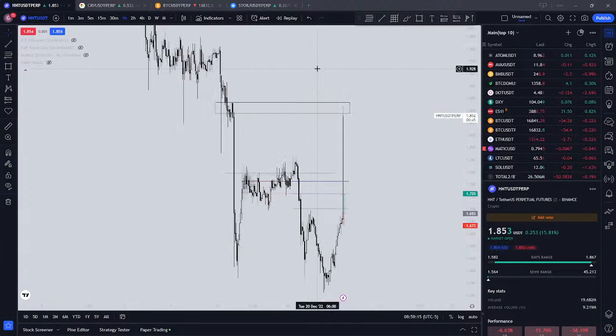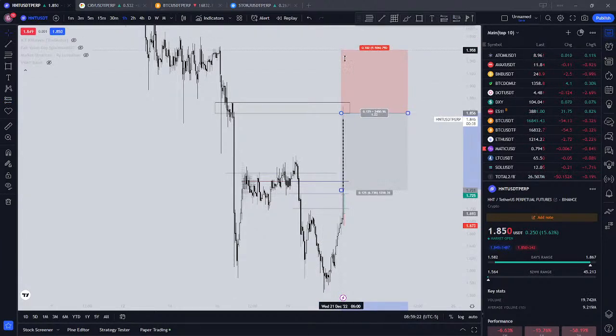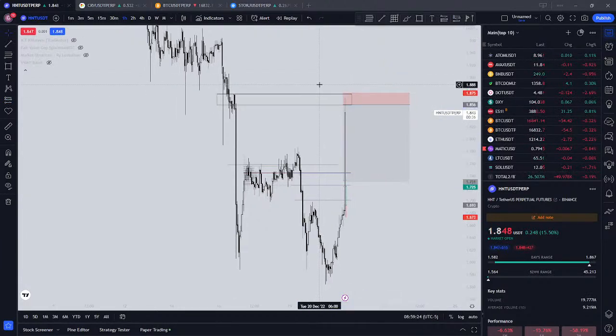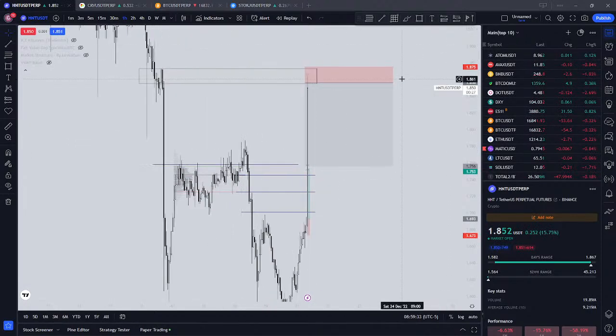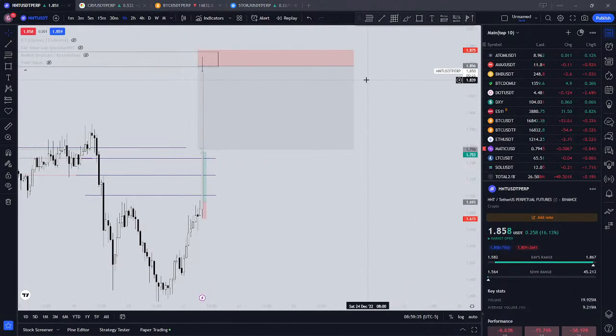Dude, it actually looks like a good shot, to be honest. A risky one, but maybe. And let's say you take profit at your previous value area high. Is this what you're looking at as well, Juan?